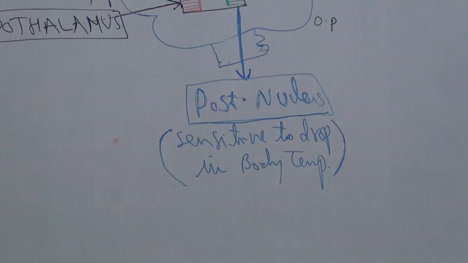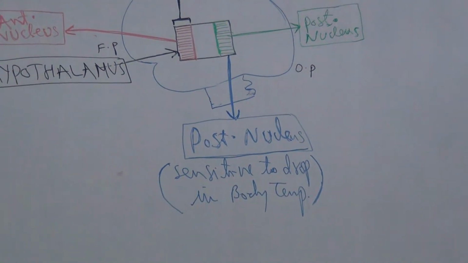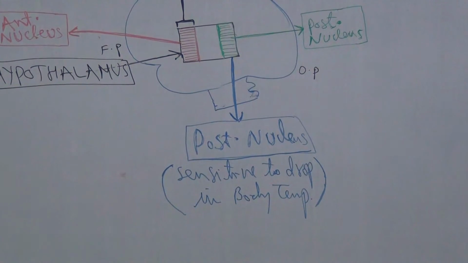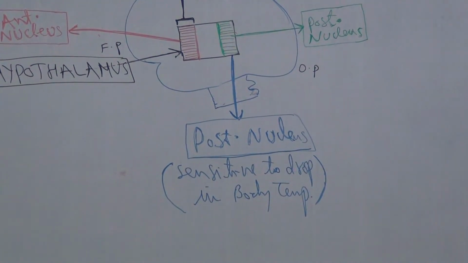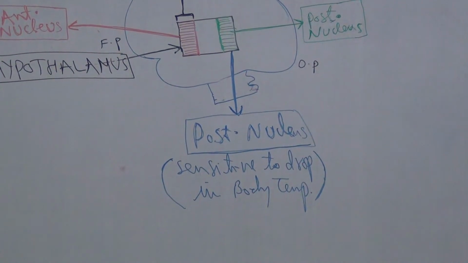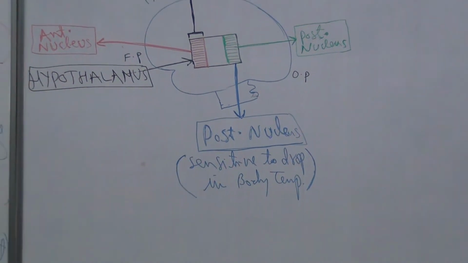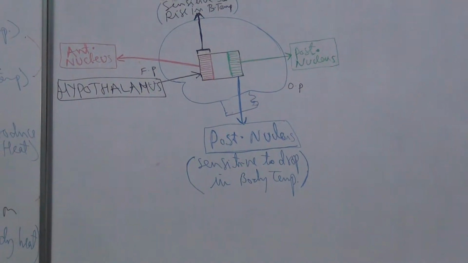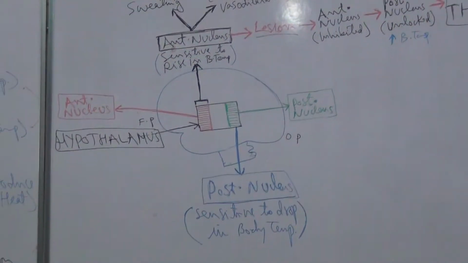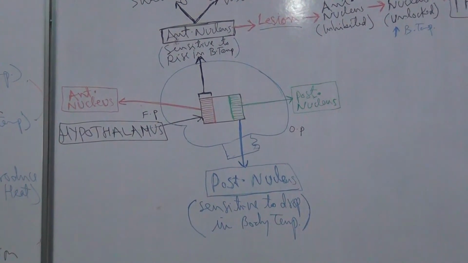The posterior nucleus is sensitive to a drop in body temperature. When the body temperature is reduced, the posterior nucleus is stimulated. Now, when the posterior nucleus is stimulated, it tries to raise the body temperature.